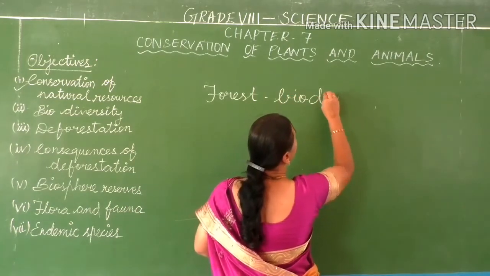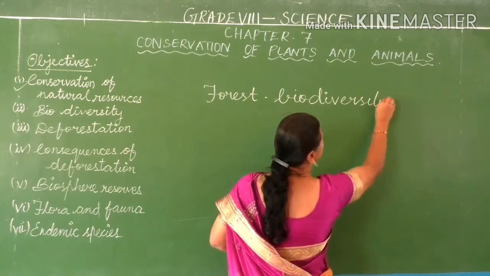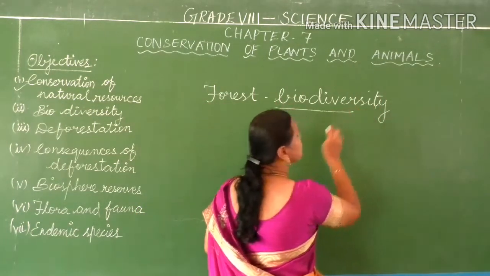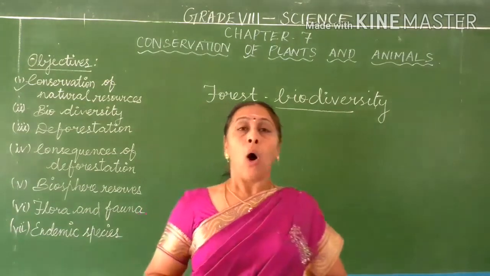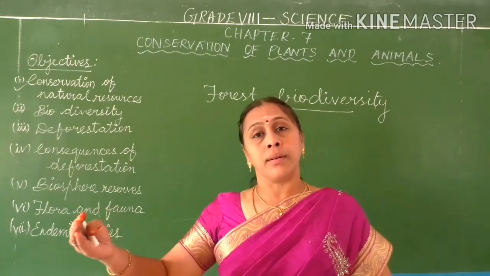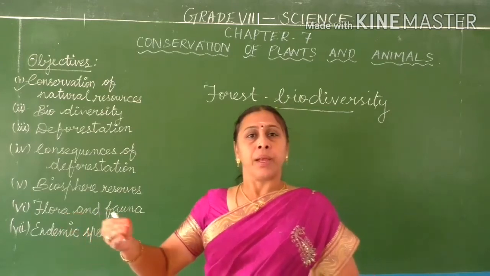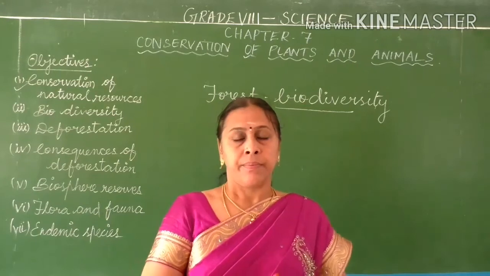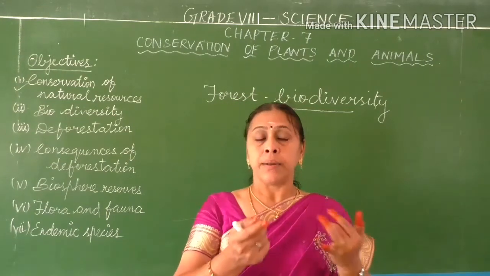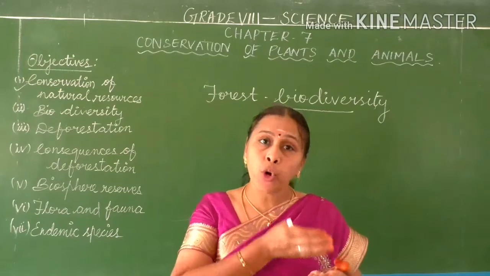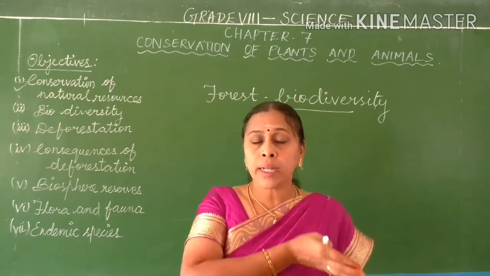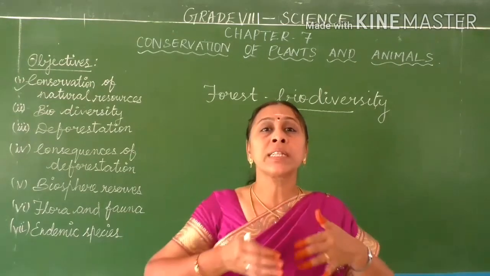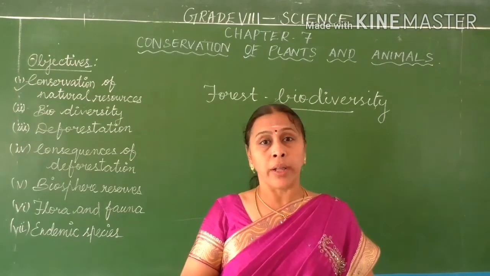What is biodiversity? Biodiversity includes all the living beings, that is, all varieties of living organisms. Not only human beings, plants and animals, but also microorganisms, water resources, everything. Everything includes the biodiversity, the living and non-living factors.